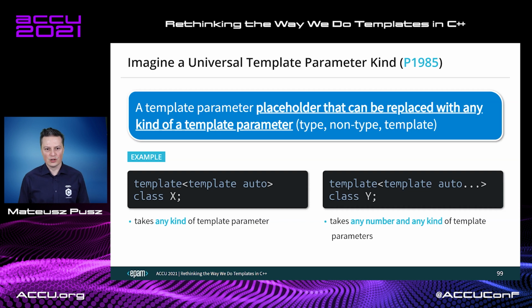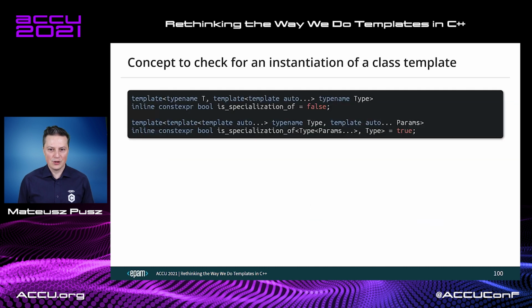It opens the doors for more interesting use cases that are not possible for now. For example, until now it's not possible to create a specialization of a concept or type trait. For example, if I want to create a specialization for string, it will work because I can say a list of types, right?